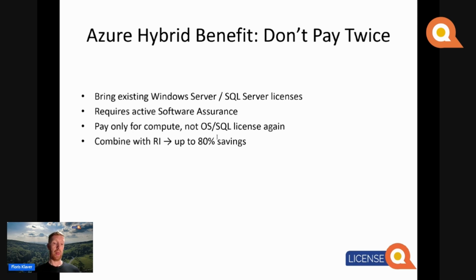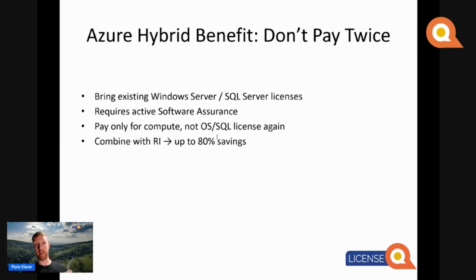This means that you don't have to pay for the operating system or the SQL Server licensing again on your Azure VMs. You're only paying for the compute. And the result, you can save up to, in some cases, 80% when you combine reserved instances with Azure Hybrid Benefit. For example, a Windows VM on pay-as-you-go might cost you, a very heavy machine, $1,000 a month.